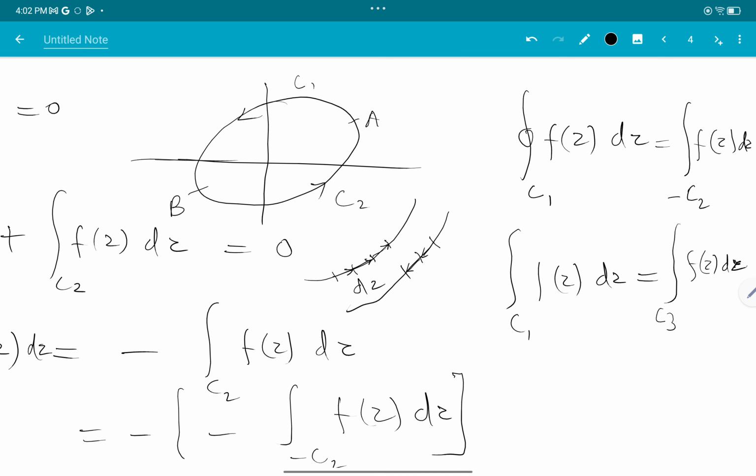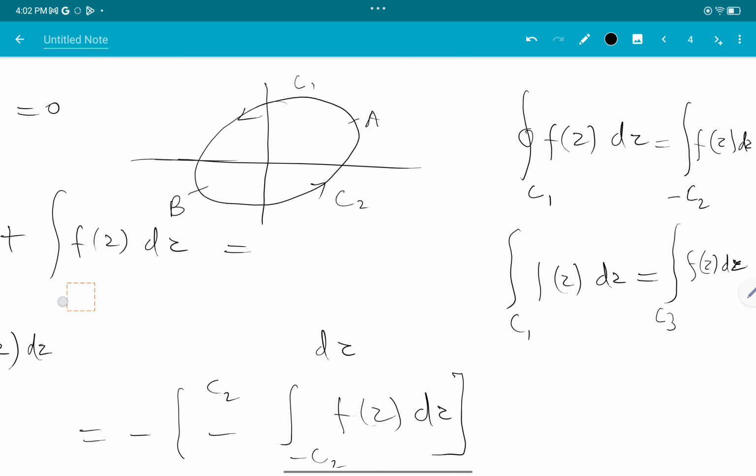Let's look at what we have actually derived. This is C1 and this is C3. The minus C2 is what I called C3.